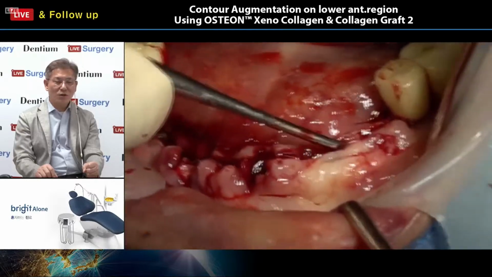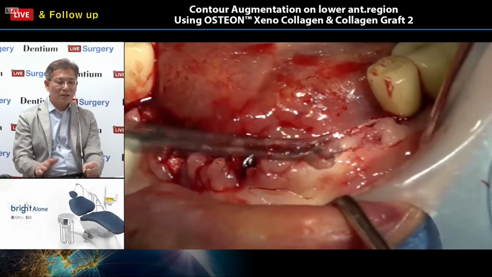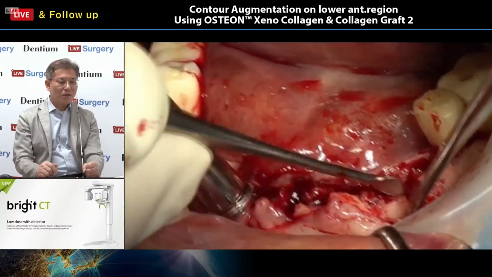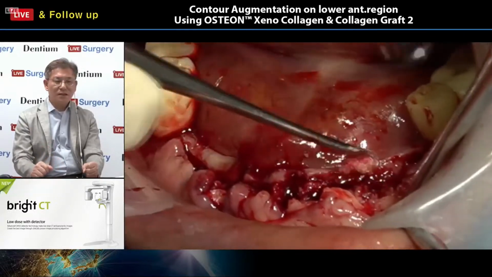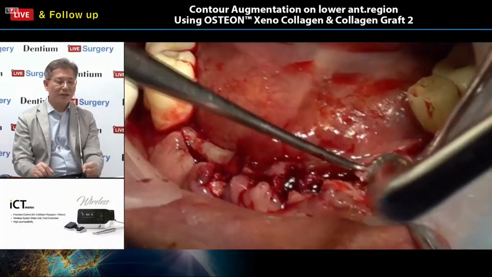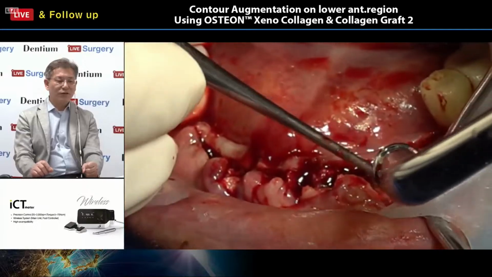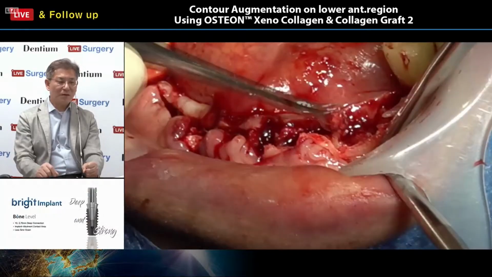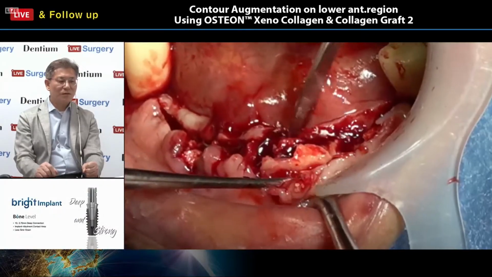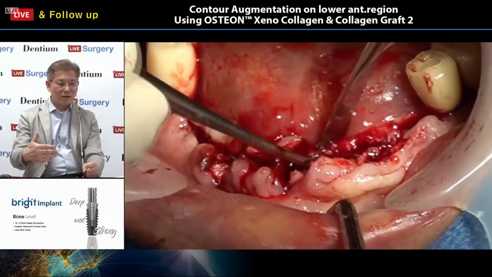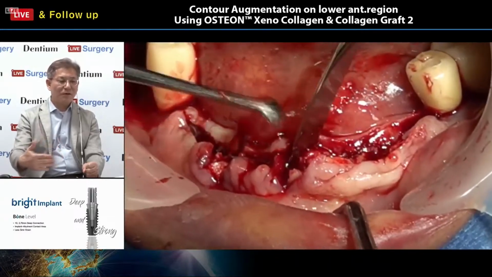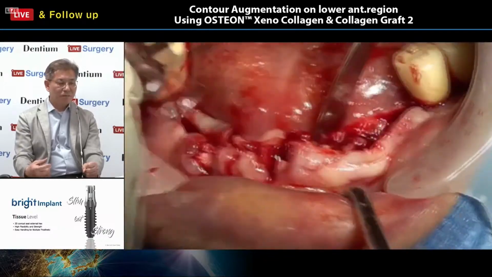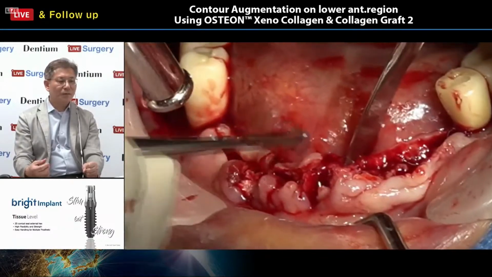And about the upper jaw, as I mentioned before, a little bit palatally inclined, the horizontal crest incision is better for flap reflection and flap management because of the thick palatal flap, right? So 2 millimeters palatally from the mid-crestal area is better to manage the flap during the surgery.